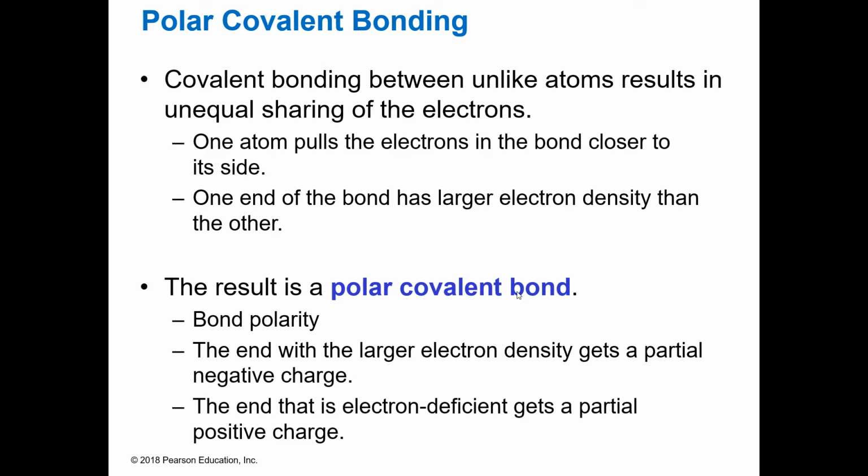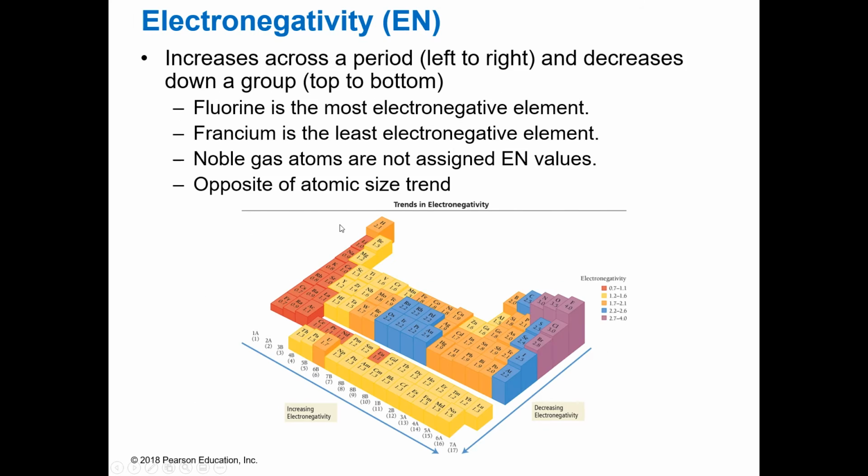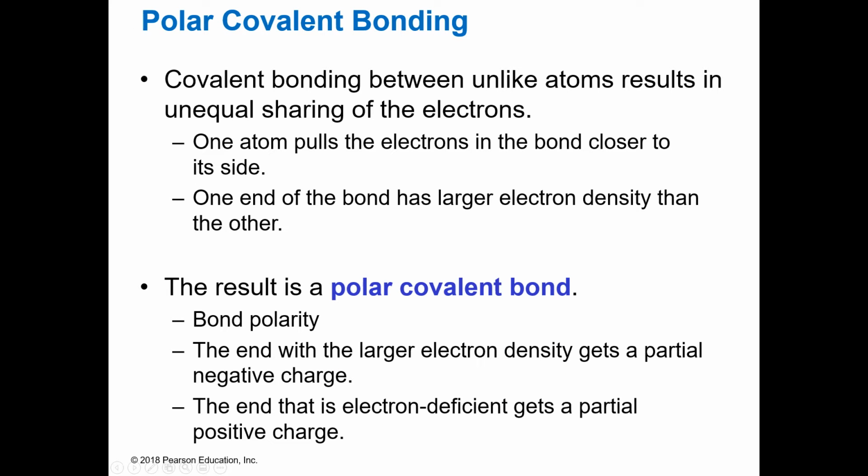Okay, so what I mean by that is, I'm going to show two sharing a pair. If I have chlorine, we know that chlorine exists in nature as Cl2.